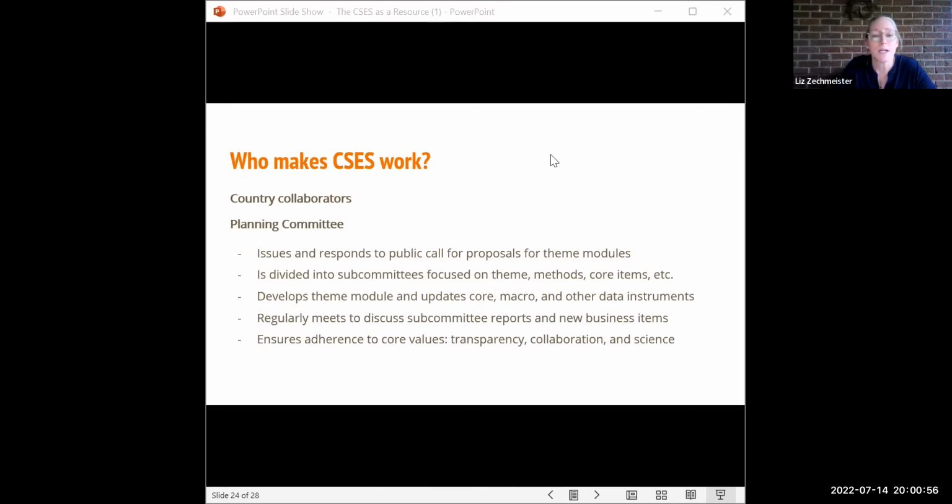The planning committee is divided into subcommittees that are focused on the theme, but also on survey methods, on core items, demographic questions that need to be included, and so on. And as I mentioned already, this is the group that develops the theme module, updates the core, macro, and other data instruments. It regularly meets to discuss subcommittee reports and new business items. These are individuals, some of whom are country collaborators, others are experts on cross-national survey research, and you can find the list of the planning committee as well as the country collaborators on the CSES website.